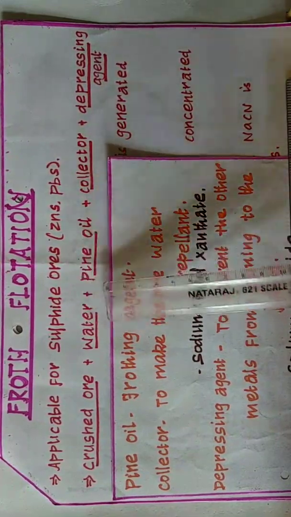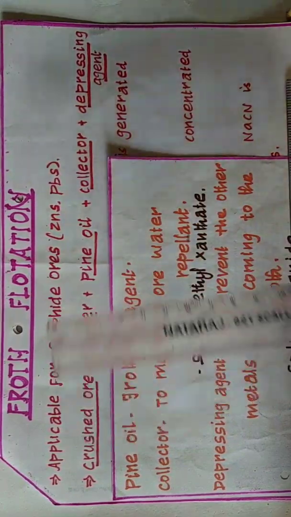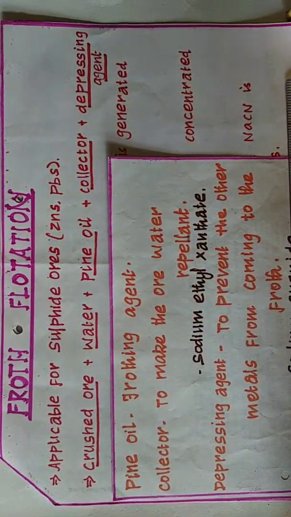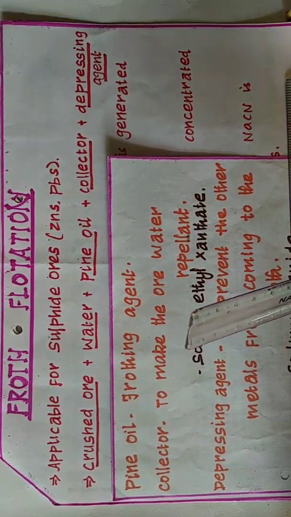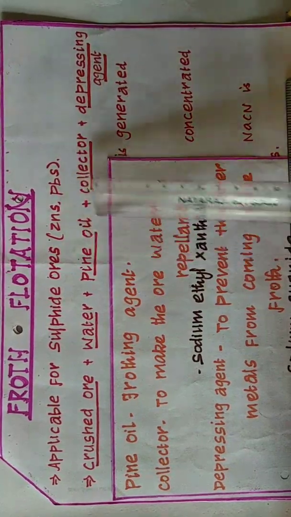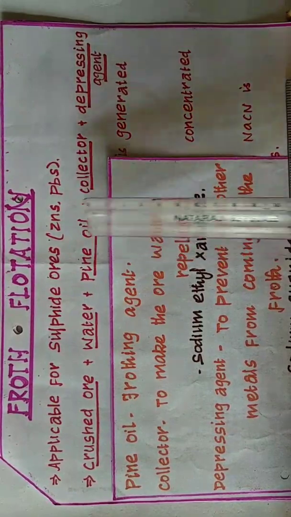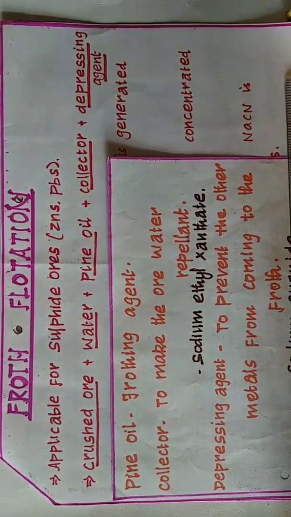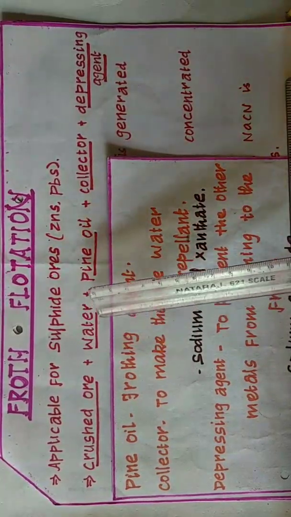Why these two dissimilar things? We know that ore particles are associated with the gangue. Here one important condition is there: the ore particles must be wetted by oil, which means this oil can generate the froth of the metal. Whereas the gangue particles should be wetted by water.